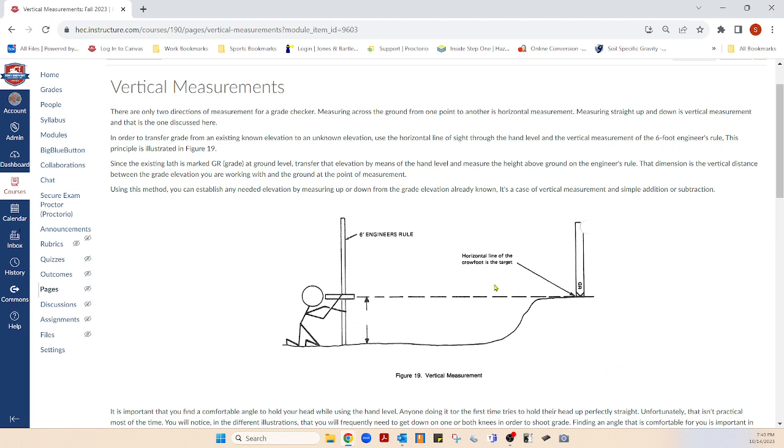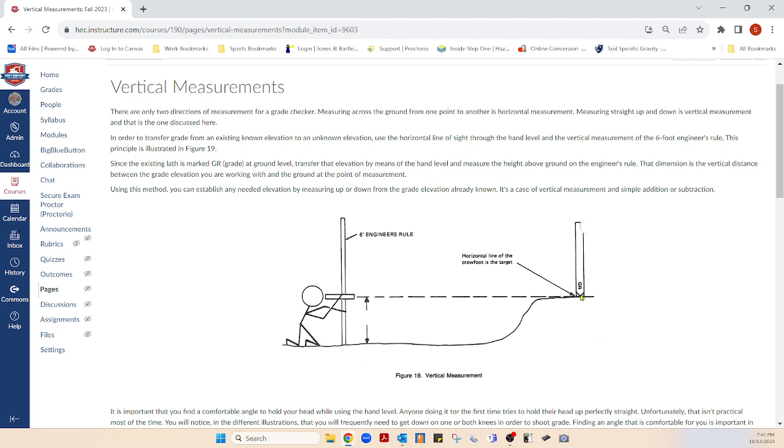So if he shoots this and it measures 3, he needs to fill 0.5, because this grade, according to this ruler, is 3 feet higher than this ground, and he's got to get to this grade right here. Say it again.